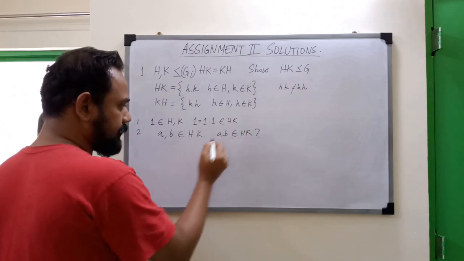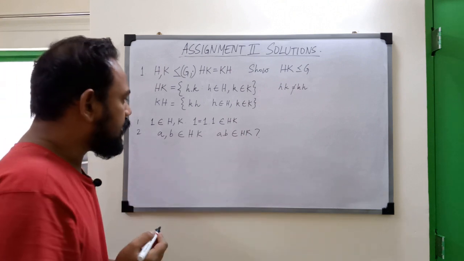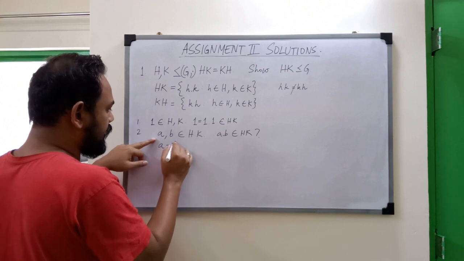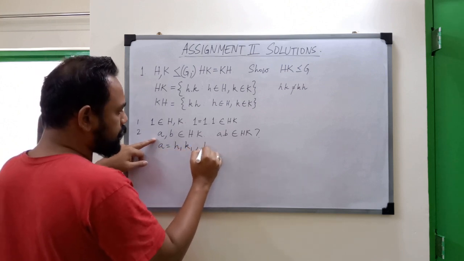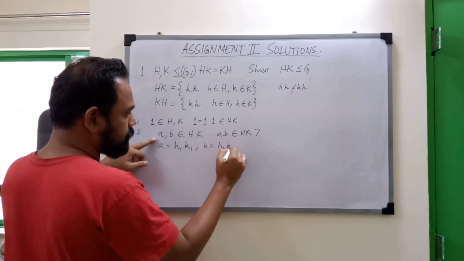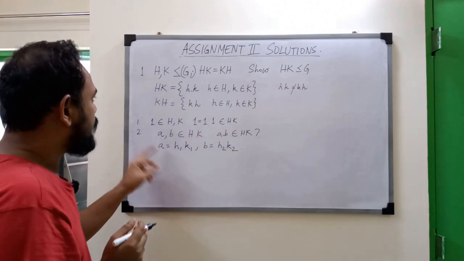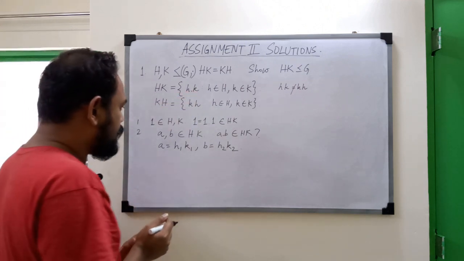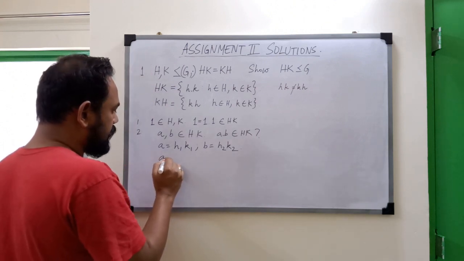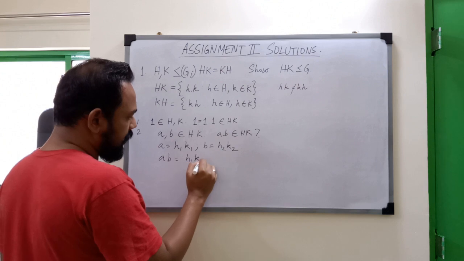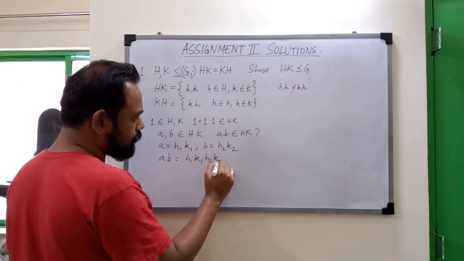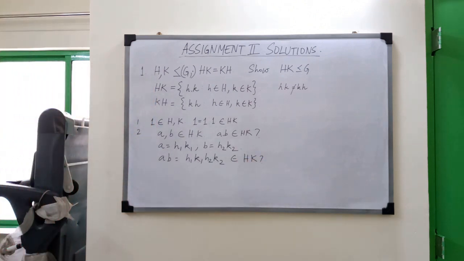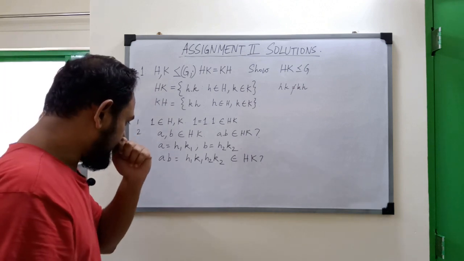Well, if A and B are elements of HK, then A should look like some H1K1 and B should look like some H2K2, because A being an element of HK should look of this form. So in that case, the question is, will AB, that is H1K1 times H2K2, be an element of HK?